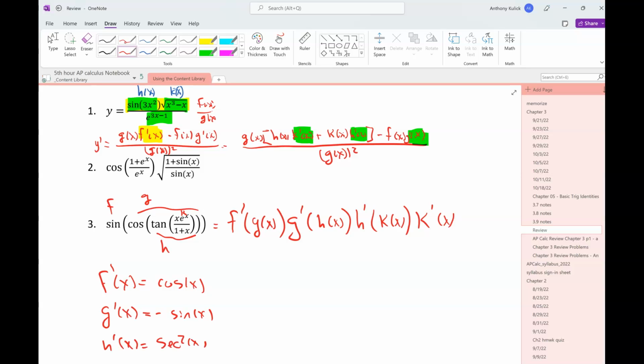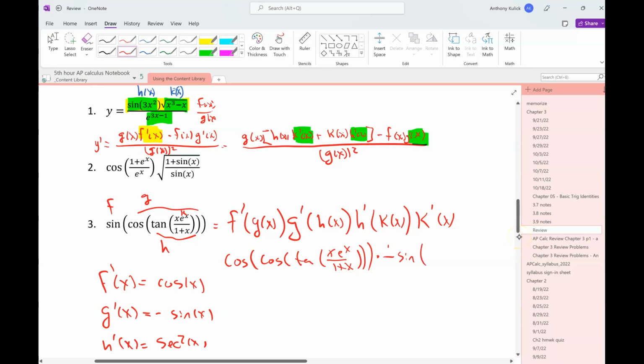So when I'm plugging this in, I just have cosine of tangent of the whole thing, multiplied by negative sine of, yada, yada, yada. You know what I mean? It just gets smaller. It's big, but oh well.